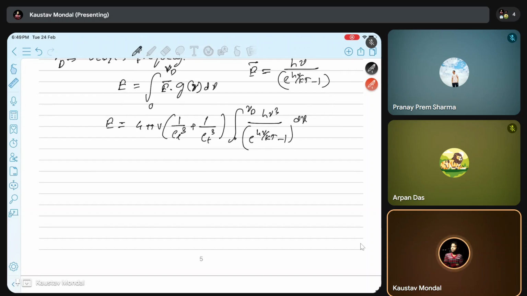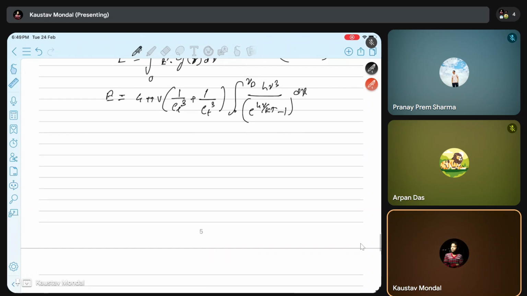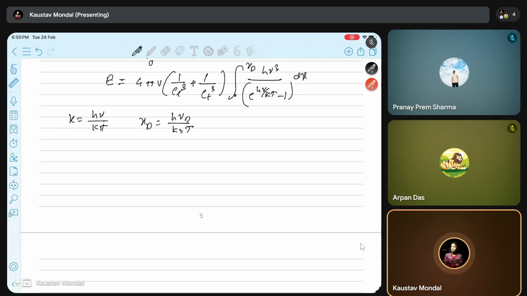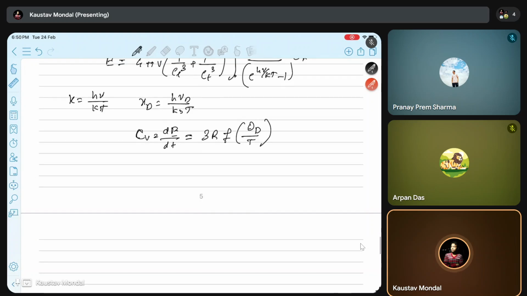If you do all the calculations, and if you do some substitution like x equals h nu by kBT and xd equals h nu d by kBT, you'll get the expression of Cv, that is dE by dT, as 3R times some function of theta d by T. Here theta d is nothing but the Debye temperature.